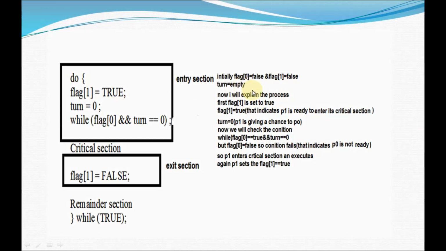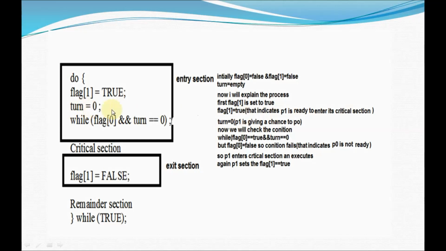Now I will explain the process. See here, first flag 1 is set to true. When flag 1 is set to true, that means P1 is ready to enter its critical section. But now you can see another statement here, turn is equal to 0.